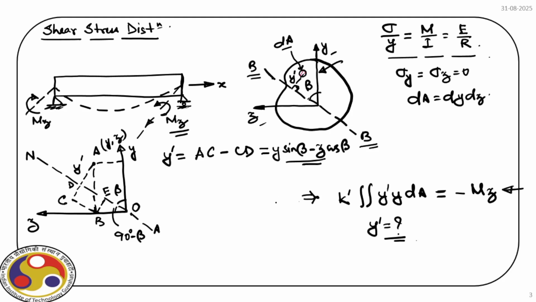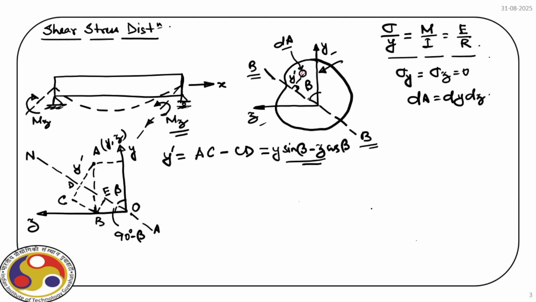So recall the first expression we derived for moment about y-axis, right? So moment about y-axis was double integral sigma x z times dA.